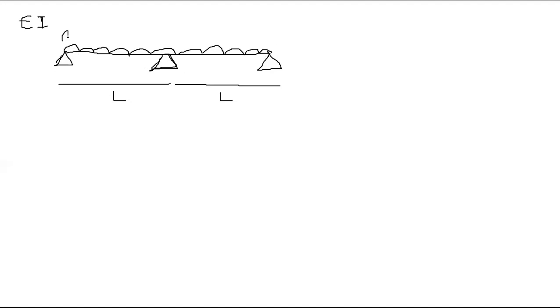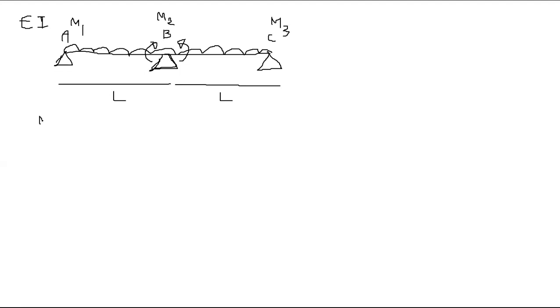The summation of bending moments about B is 0, but you have an equal and opposite bending moment. That's a hogging moment, which you need to find. Let's call this M2, and for now we call these M1 and M3.